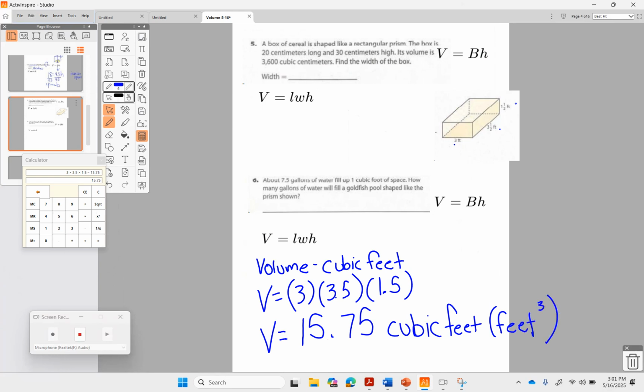Now I want to know how many gallons of water is that. Well, if 7.5 gallons of water go with 1 cubic foot, how many gallons of water go with 15.75 cubic feet?